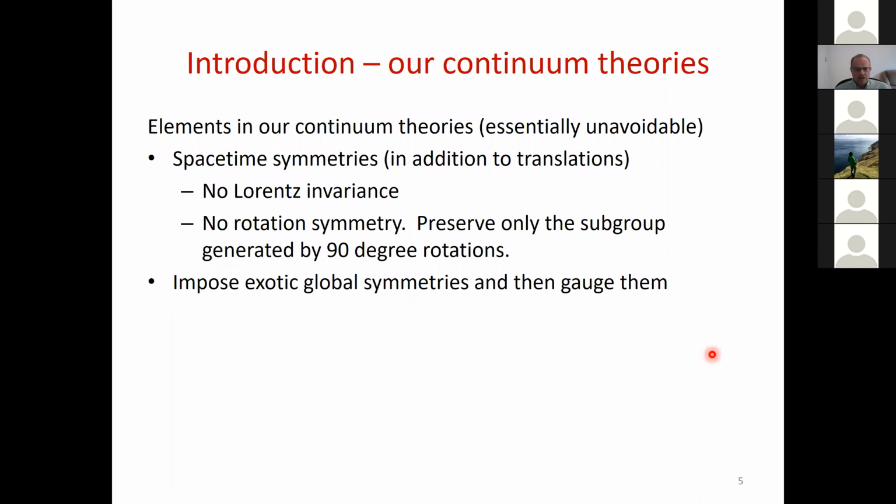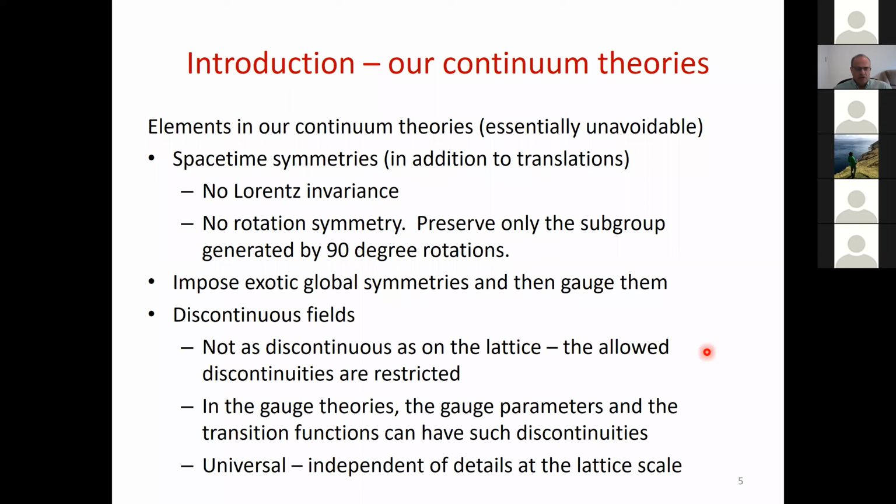And these exotic symmetries will have the feature that I mentioned before, that as we move the charge in space, the value of the charge can change discontinuously. In fact, we'll have various delta functions and things that jump around. Perhaps the most dramatic thing that we will contemplate is considering discontinuous fields.